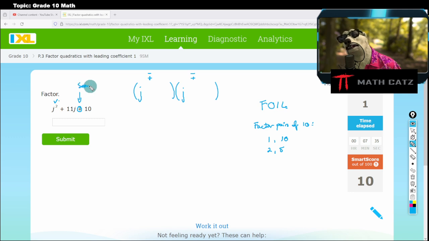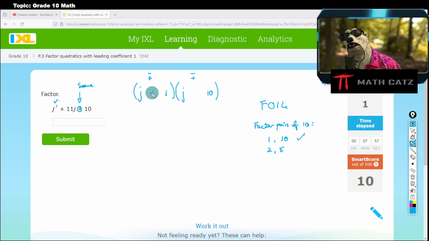So this means same sign. Factor pair of 10. So when I put them together, I will have to get an 11. Well, it has to be the 1 and the 10. Now, do I put both minuses? Well, no, then I'll get negative 11.